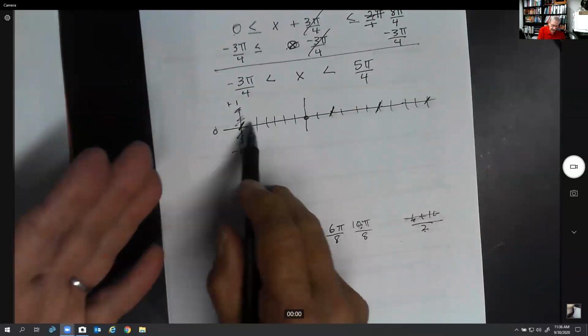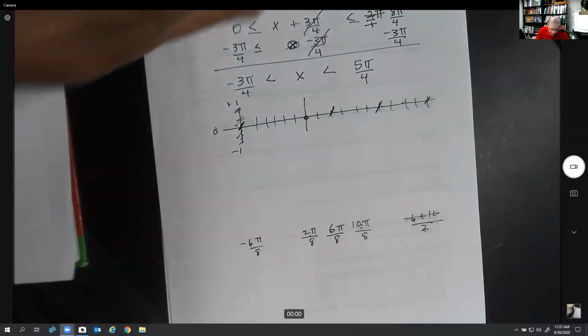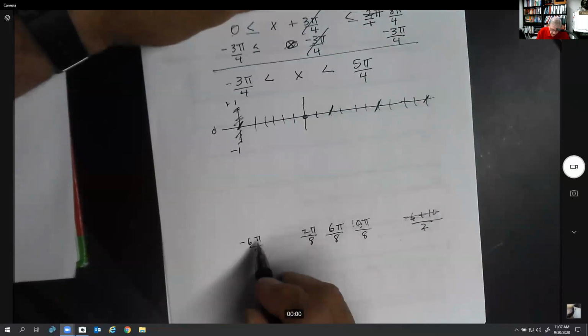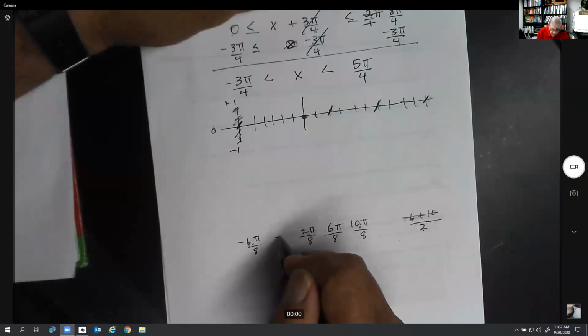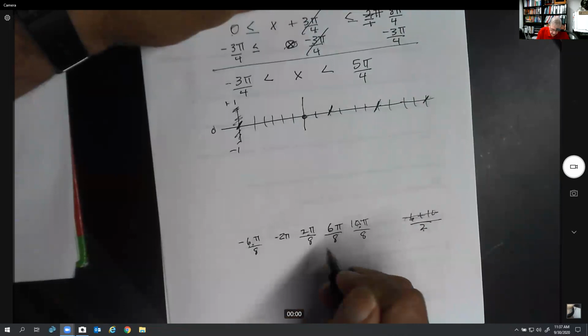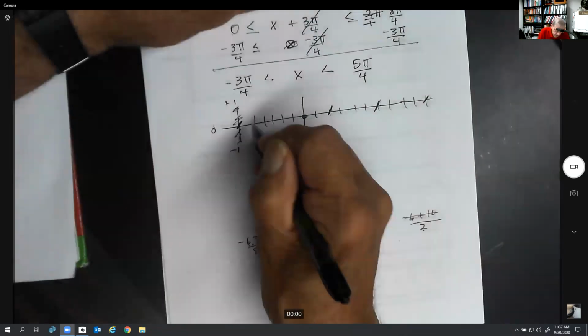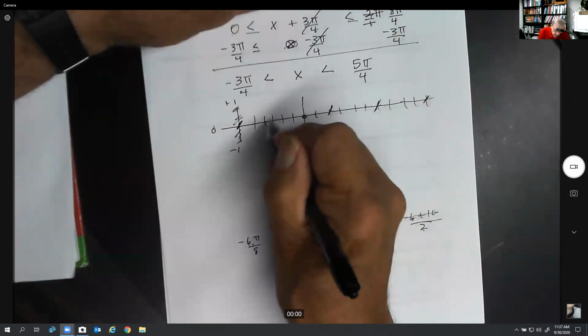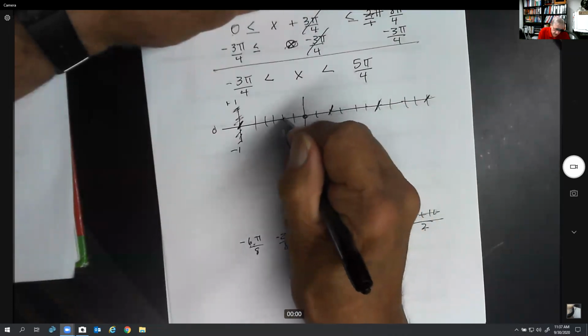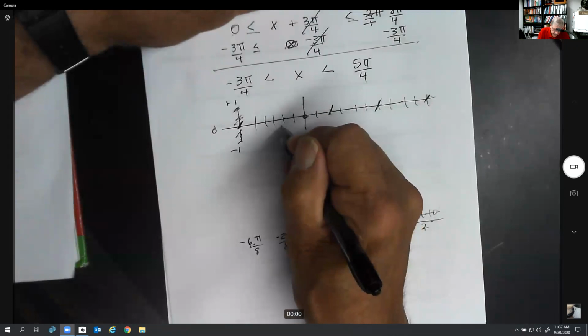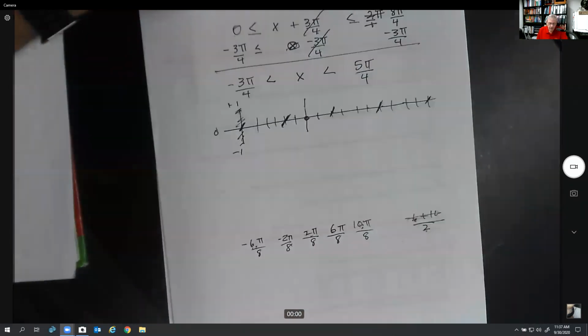Now, you could estimate where this is going to be right here. Negative 6 and 2 is negative 4, divided by 2 is negative 2. So this should be negative 2 pi over 8. 1, 2, negative 2 right here. Right there, we'll make a little mark.